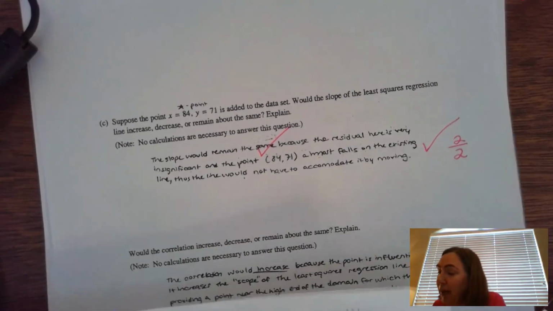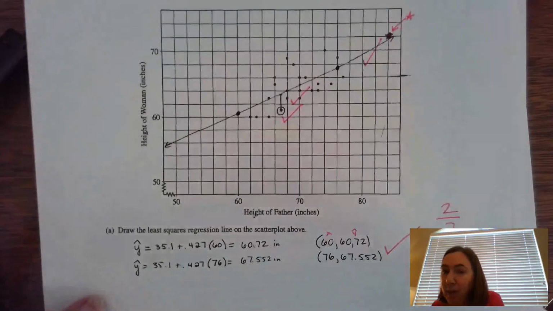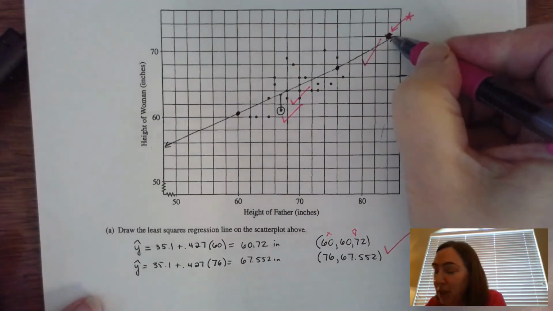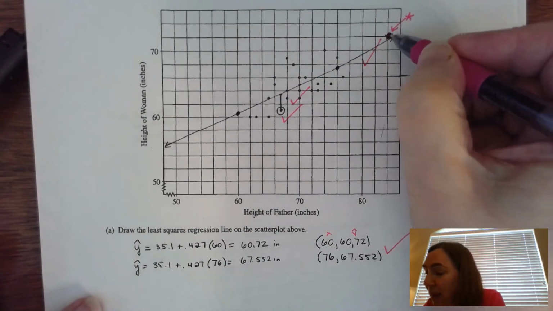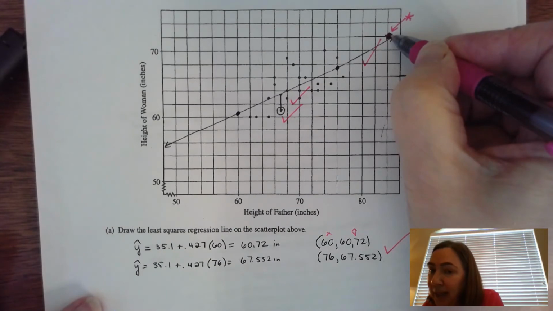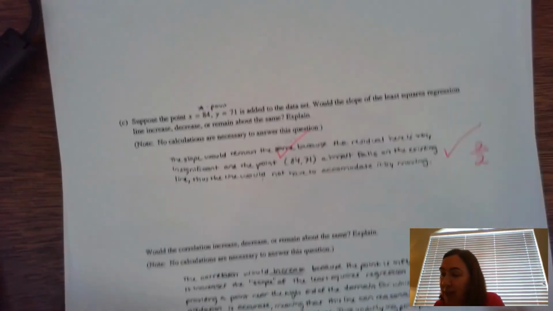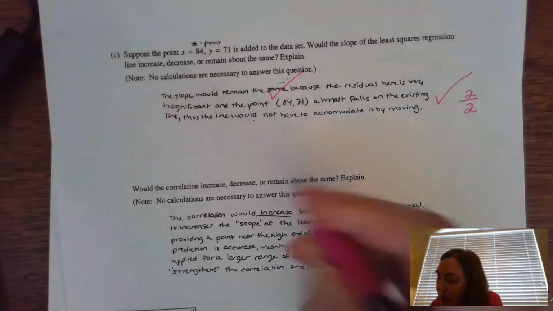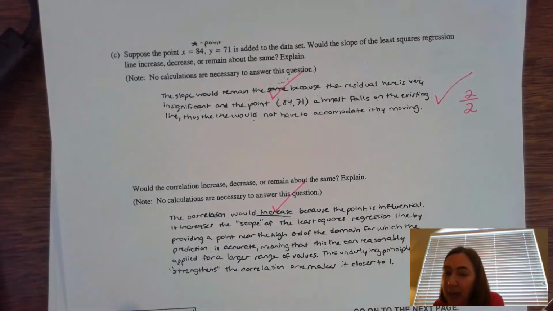Now for the correlation, by adding this point in, we also have to figure out what happens to the correlation coefficient. To make that decision, you have to decide, does that point add to its linearity? Does that make it look more linear or less linear or about the same? Adding this point in actually makes it look more linear. So the correlation coefficient is going to increase. So the next step is making sure you've said that, the correlation will increase.